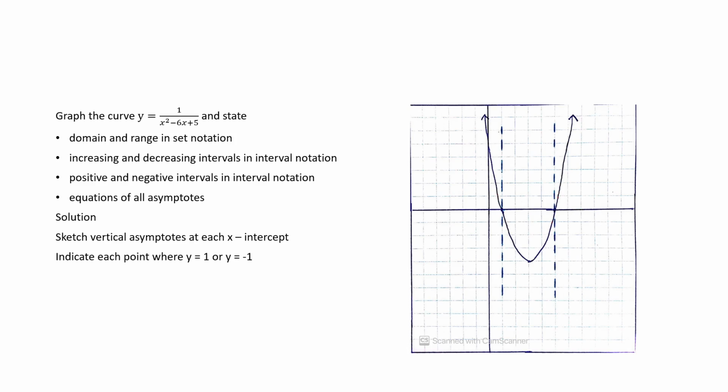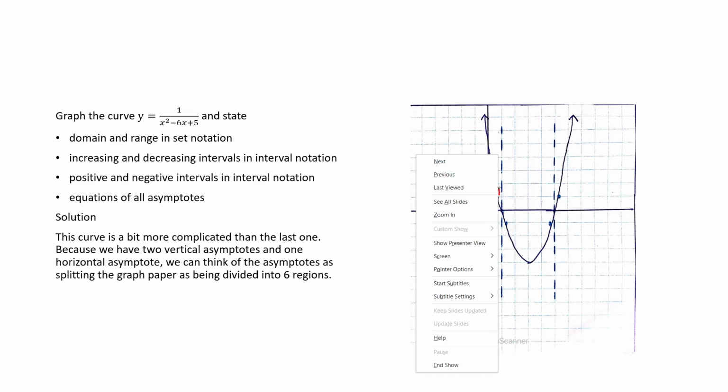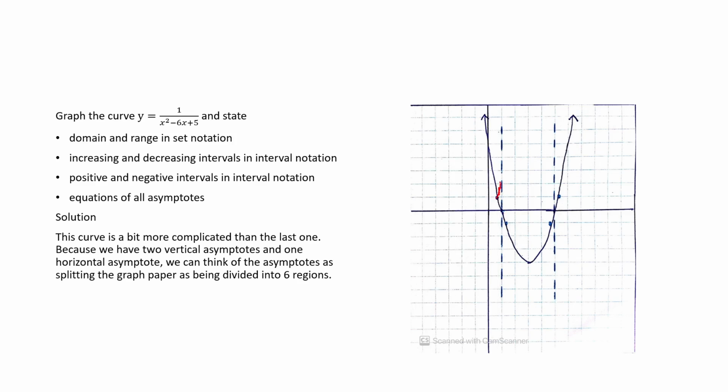So we indicate those points on our curve. Now, the left and the right portions often don't give people as much difficulty as that middle portion. For this left portion, we just have to remember that we need to treat each of those asymptotes as an asymptote.